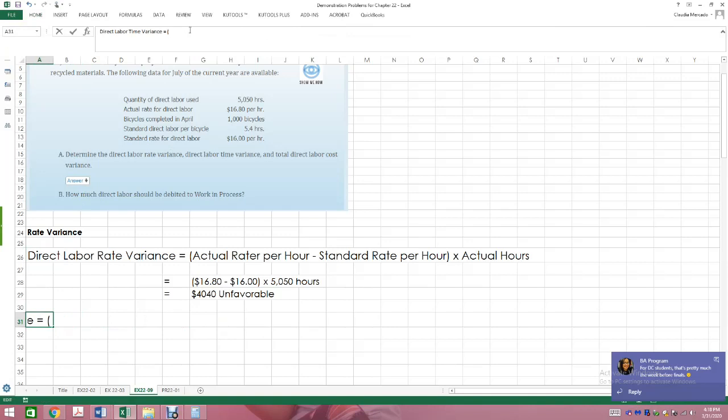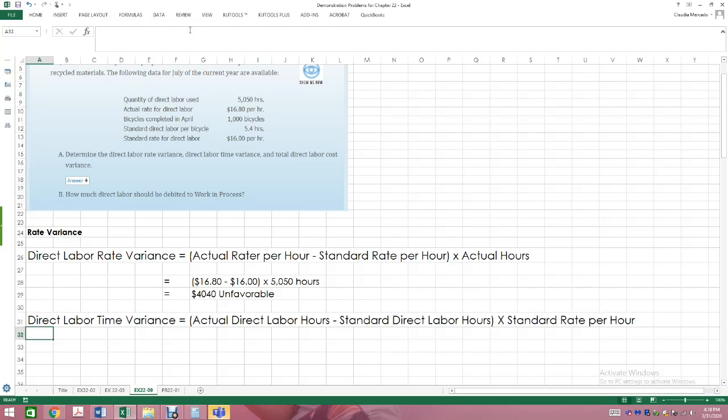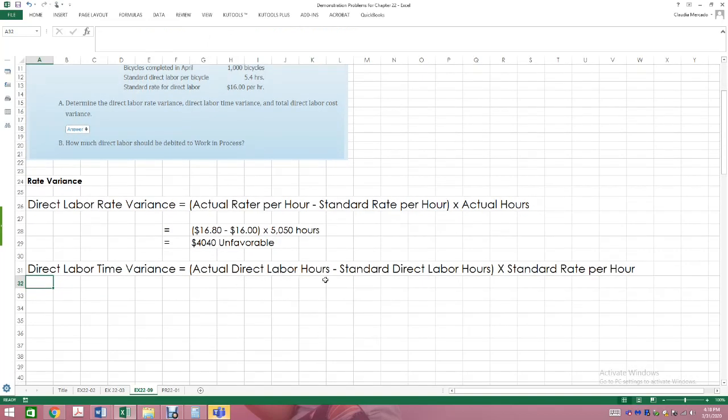It's going to be your actual direct labor hours minus your standard direct labor hours, close parentheses, times your standard rate per hour. This is your formula right here: your actual direct labor hours minus your standard direct labor hours times your standard rate per hour.